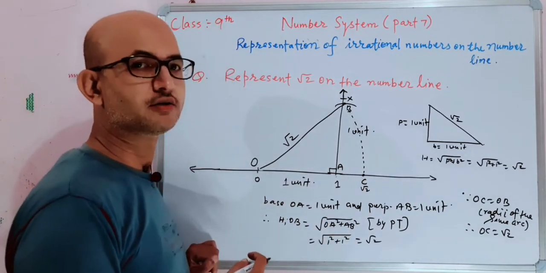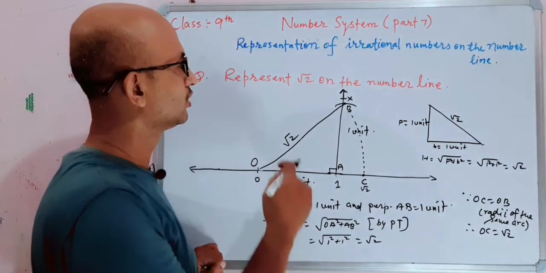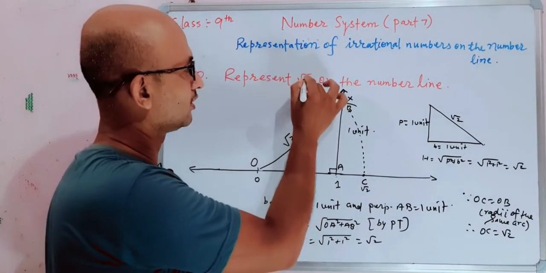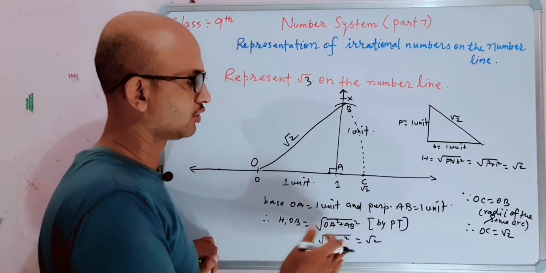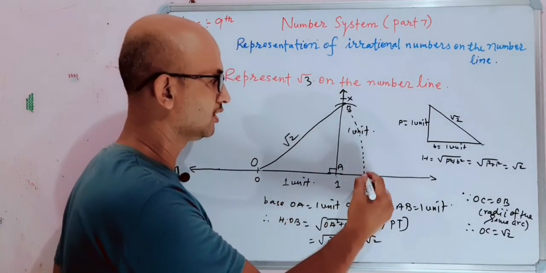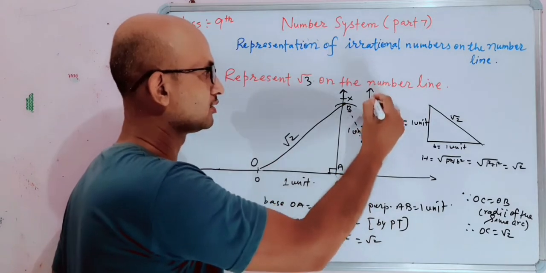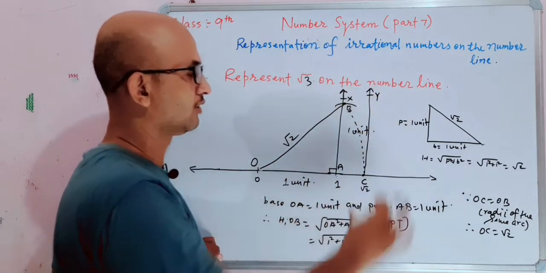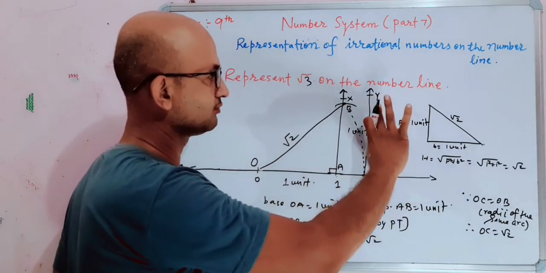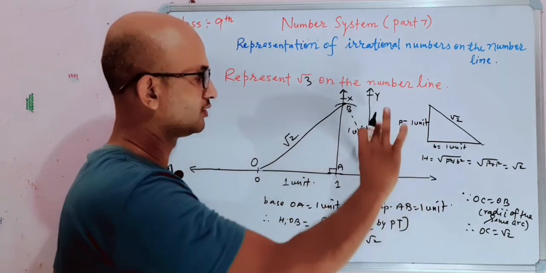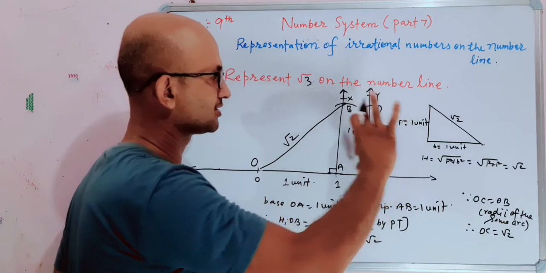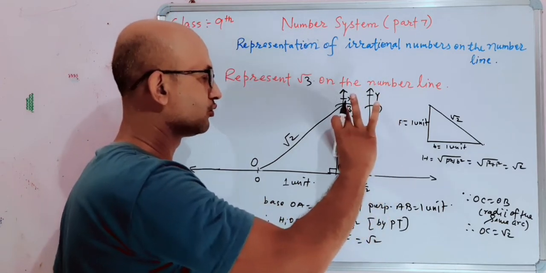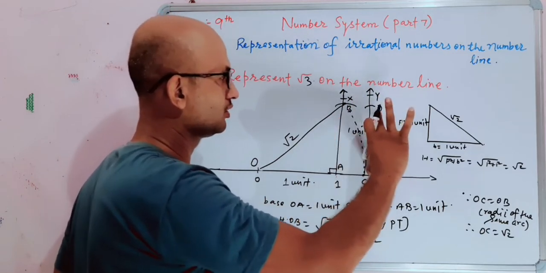Now, dear students, we represent root 3 on the number line. To represent root 3, we draw at the point C a perpendicular line CY. From this perpendicular line CY, we cut off CD equal to 1 unit, that is, equal to AB.